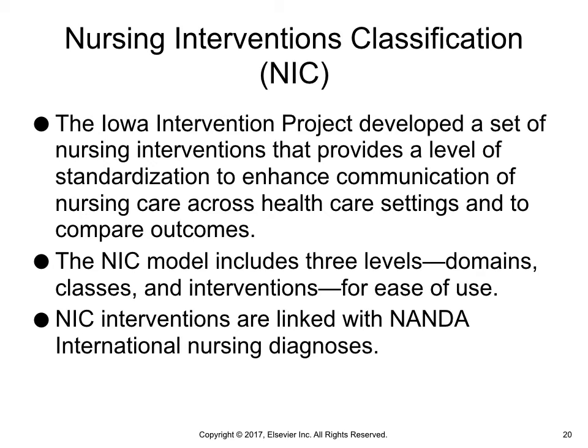You determine which interventions and activities best suit your patient's individualized needs and situation. Please review Table 18.3, Nursing Interventions Classification Taxonomy, and Boxes 18.2 and 18.3, example of interventions for physical comfort promotion and example of an intervention and associated nursing activities, as a supplement to this PowerPoint.